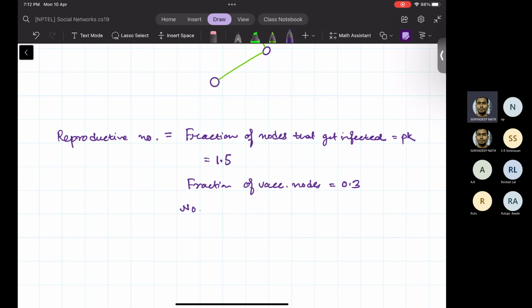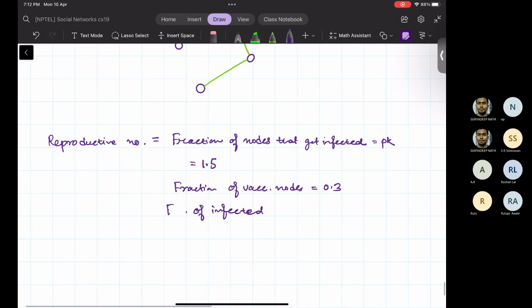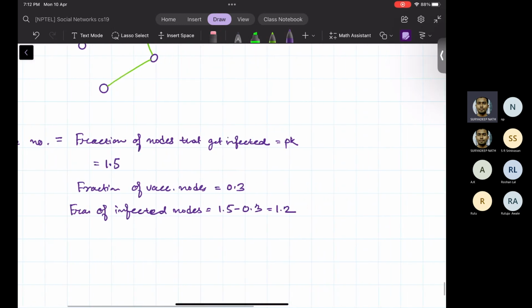So the fraction of infected nodes would become 1.5 minus 0.3, that is 1.2. So this is the new reproductive number. So 1.2 would be the right answer.